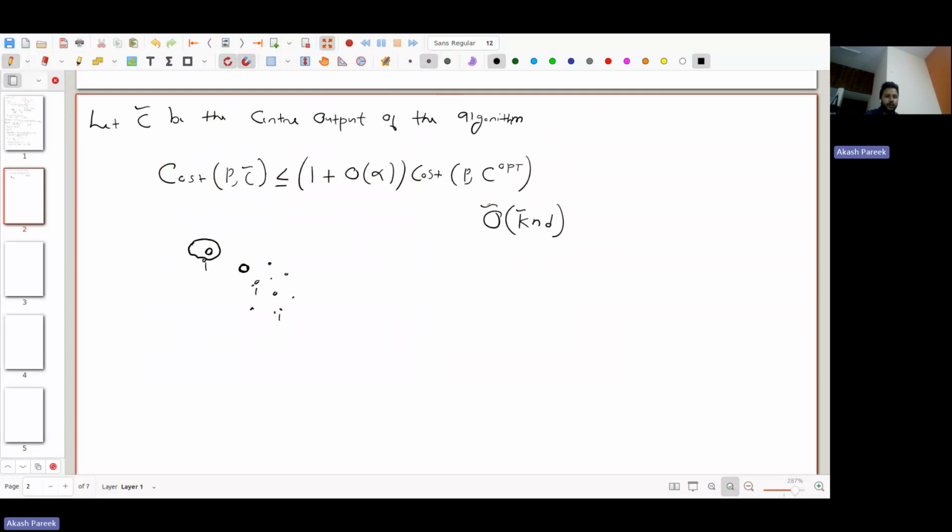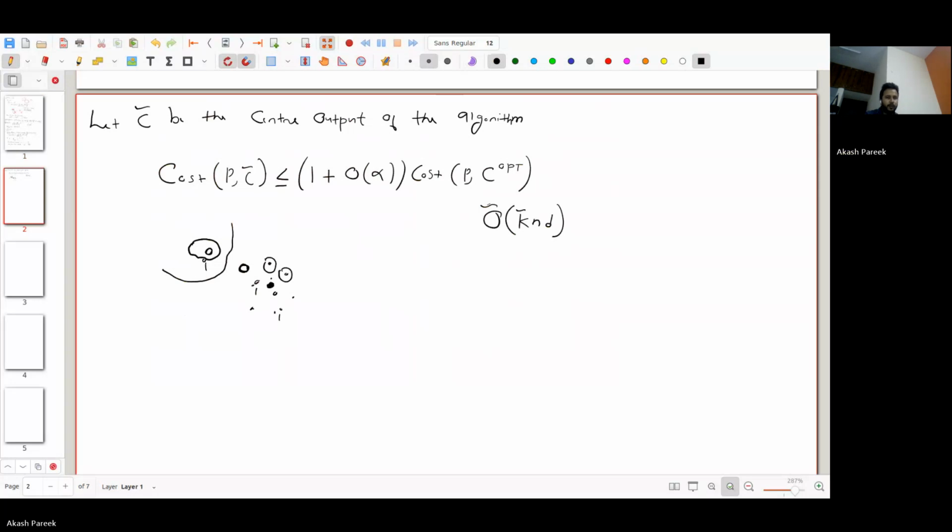So what we want to do is find the mean of these points, but at the same time, get rid of this kind of bad outlier. If we don't have bad outliers, then even if we have some points here which are mislabeled, we'll get a clustering which is pretty close, maybe a clustering which is here. In that case, maybe we can say that this is a 1 plus order alpha bound.